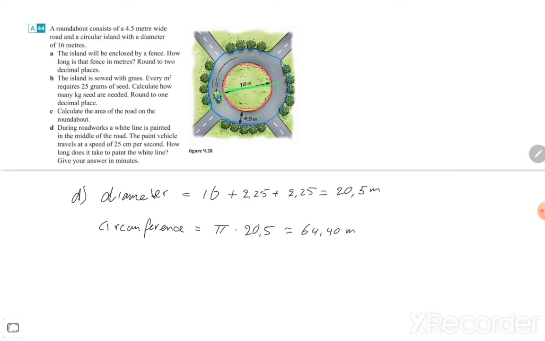If we do it in centimeters, it is 20,263 centimeters. Why do I want to do it in centimeters? Because they gave you the information that the paint vehicle travels at a speed of 25 centimeters per second. So if we divide 20,263 by 25, then we know how many seconds it will take.